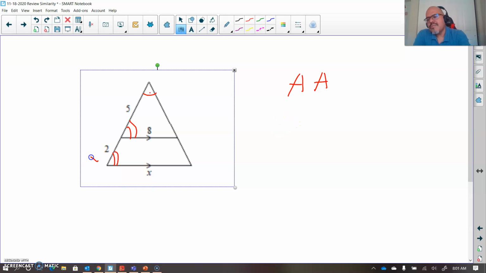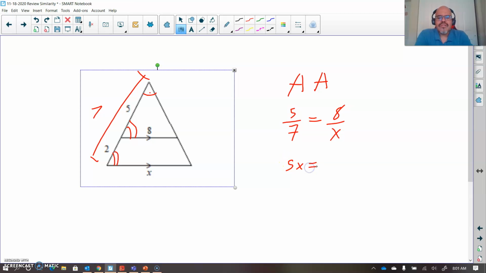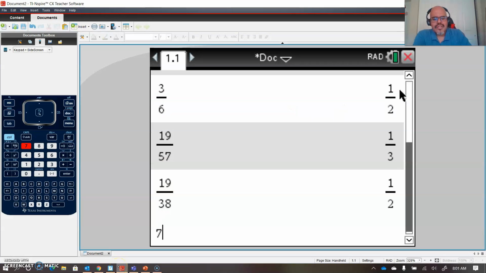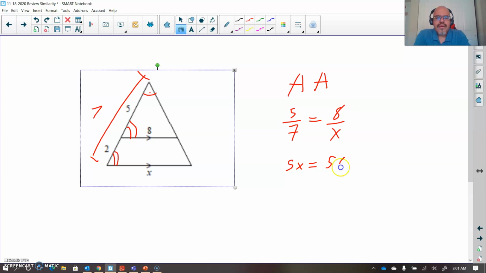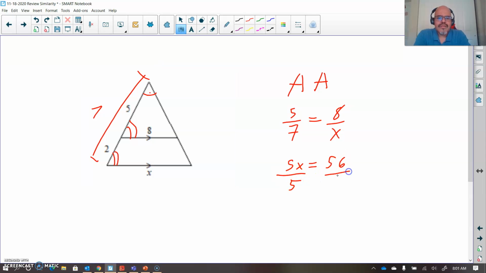When we set this up, we have a 5 to 7 common ratio, that's equal to 8 over x. Then we cross multiply and divide and solve for x. So we get 5x is equal to 7 times 8, 56. And that's not divisible by 5, so it's just going to stay like this. So our x is equal to 56 divided by 5. And that's the only answer that we have.